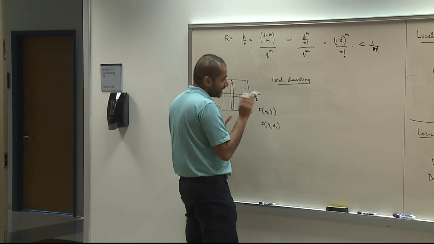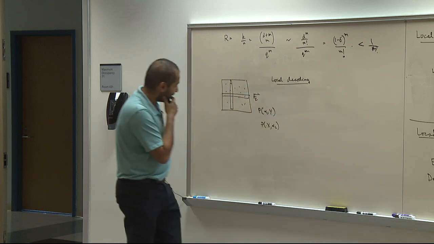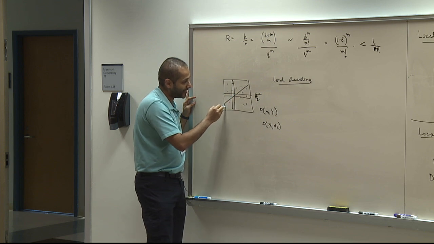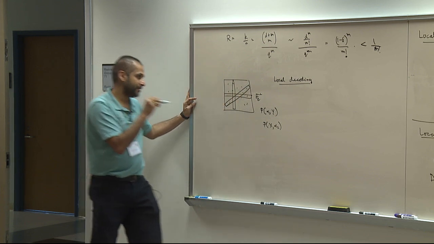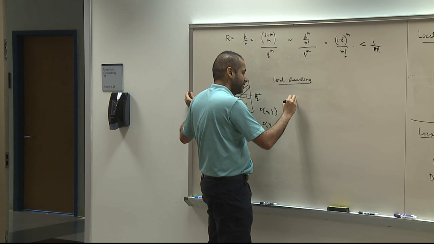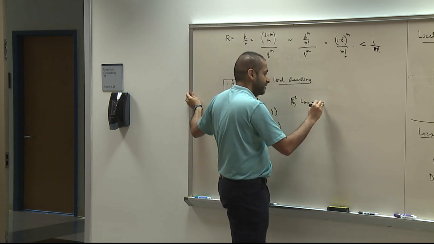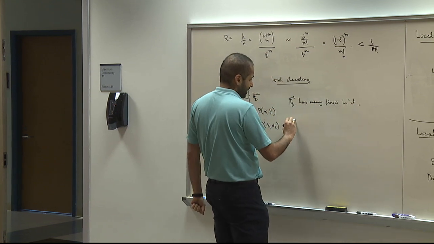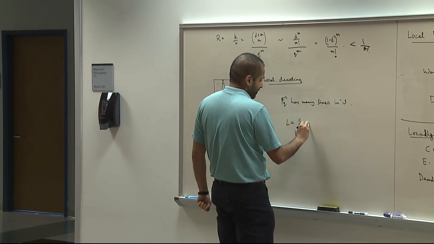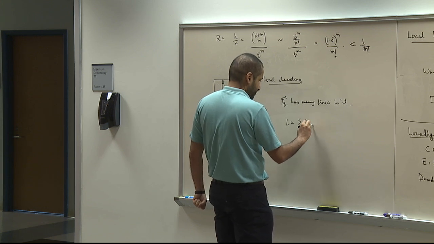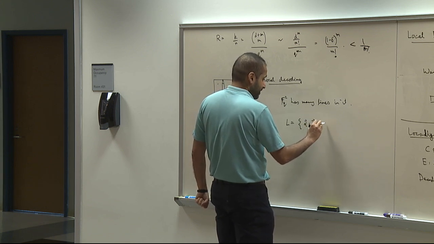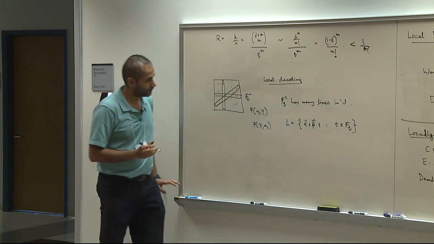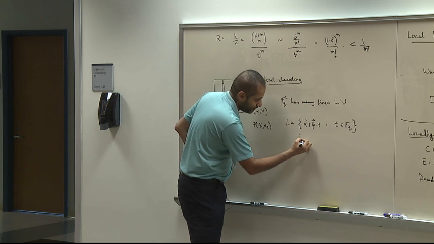Okay, so the local decoding, and this is where the choice of evaluation domain was very good, is based on the following fact, which is that there are also lines like this. So Fq square has many lines in it. And what's a line? A line is a set L of the form alpha, which is a vector, plus beta times t, where t varies in Fq, where alpha and beta are in Fq to the n.